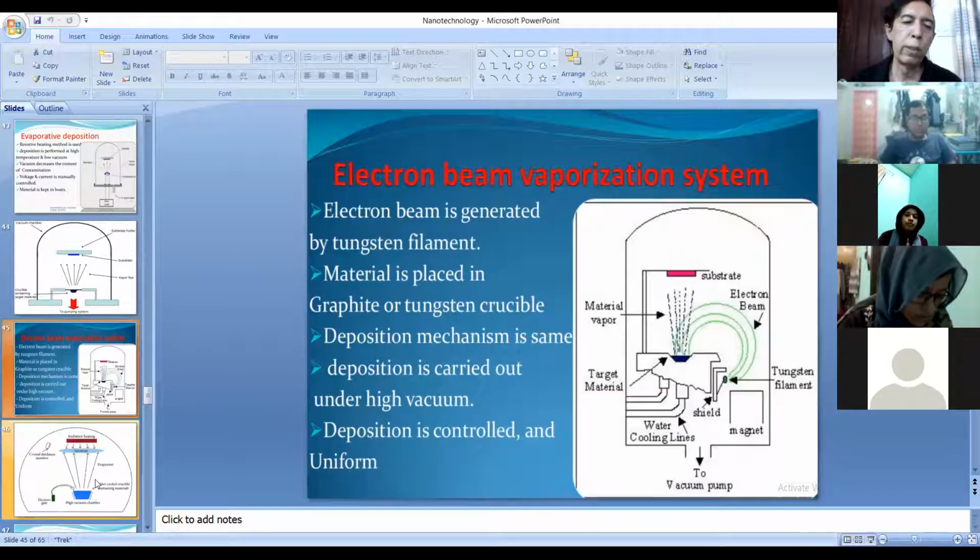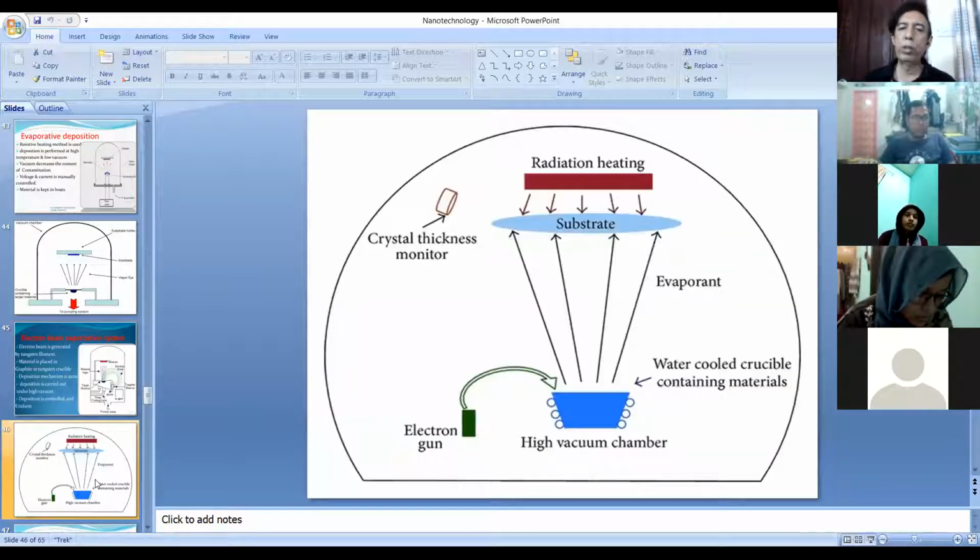We'll see the figure here. Same thing. It is in high vacuum. Now, from this electron gun, the electron beam is allowed to bombard the substance. Now, why is it bent?